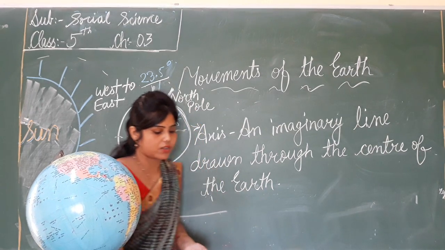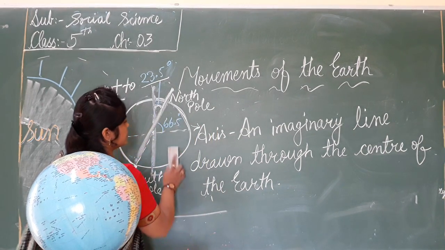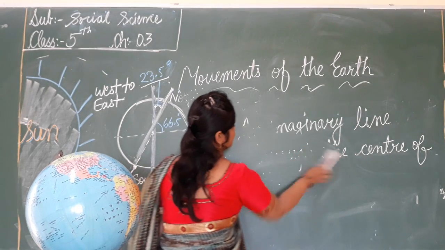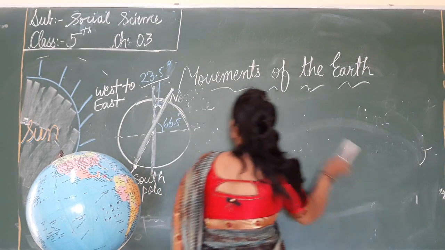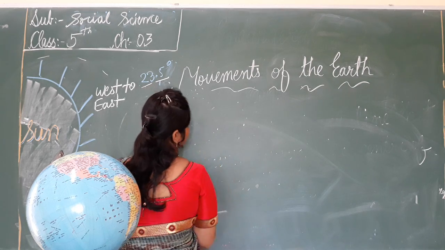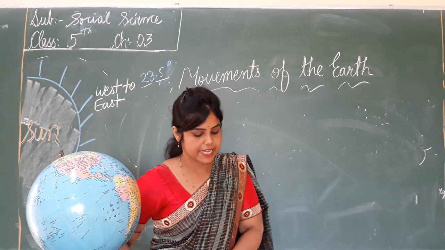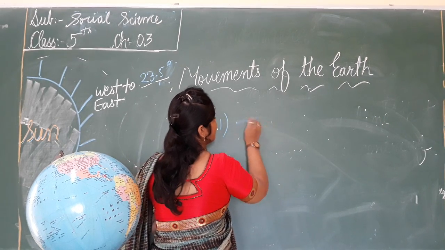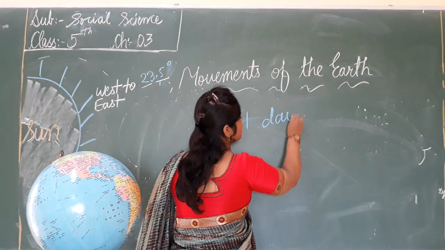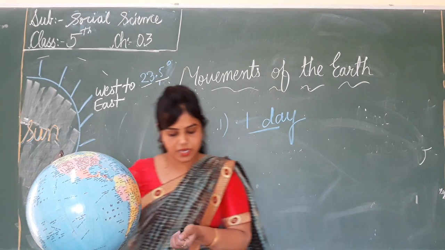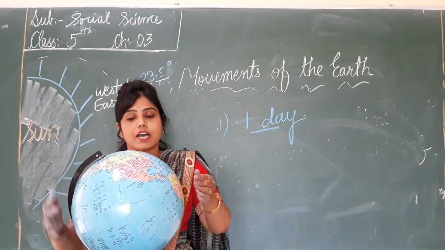The earth takes about 1 day to complete one rotation.